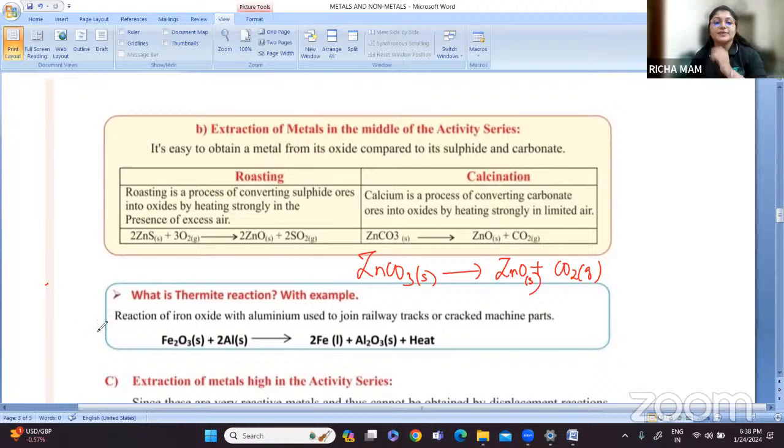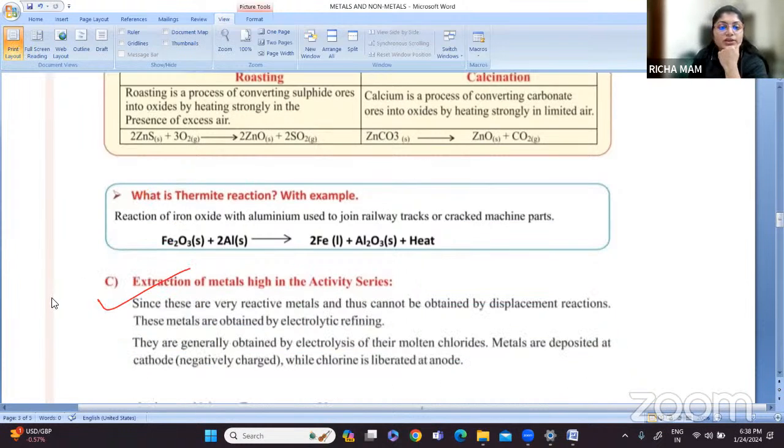Fine. Now, what is the thermite reaction? What do you mean by thermite reaction? Give an example. Please make an important note of these questions. So the thermite reaction is the reaction of a metal oxide, iron oxide, Fe2O3, with aluminium, which is used to join railway tracks or cracked machine parts.